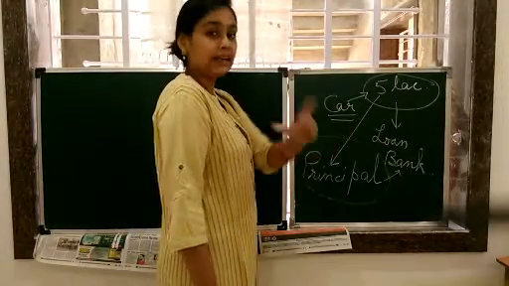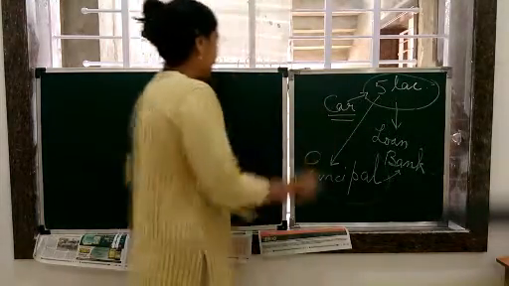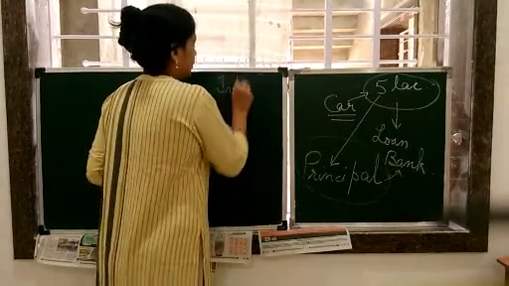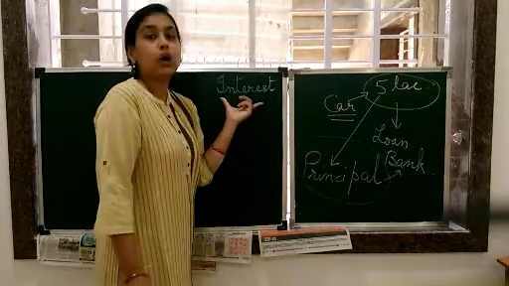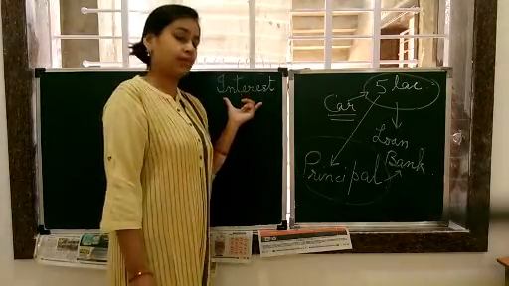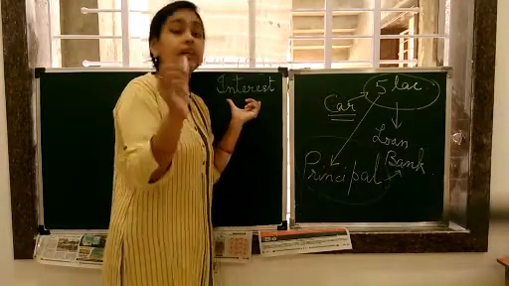So that interest, the extra money that is given, is known as what? Interest. And how do the bank or we come to know what extra money we have to give? That depends on the rate.